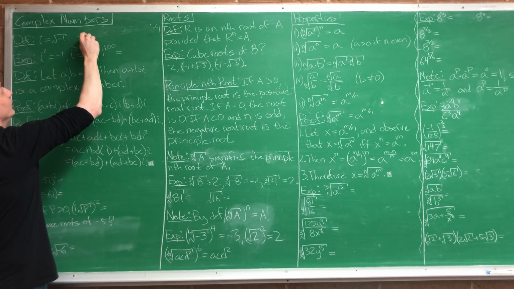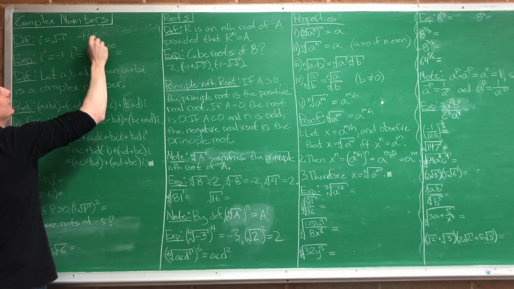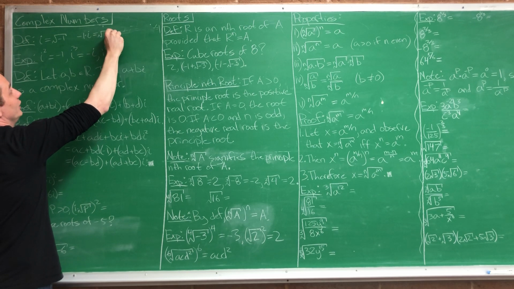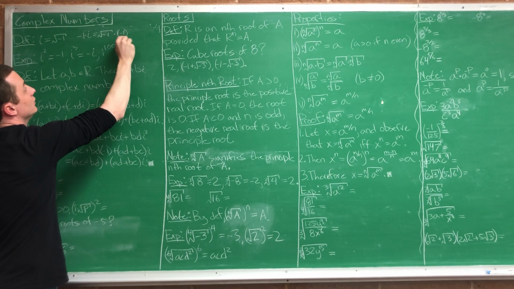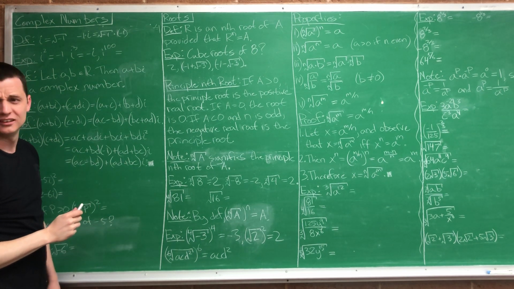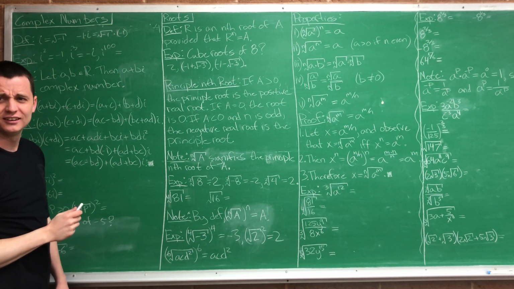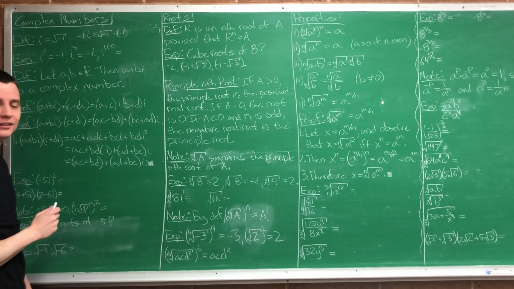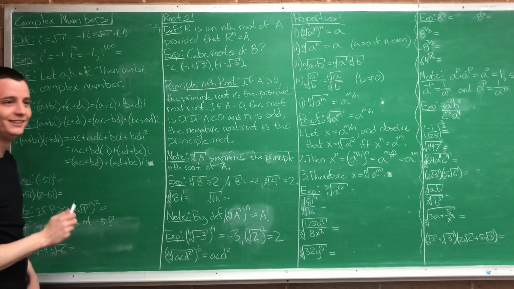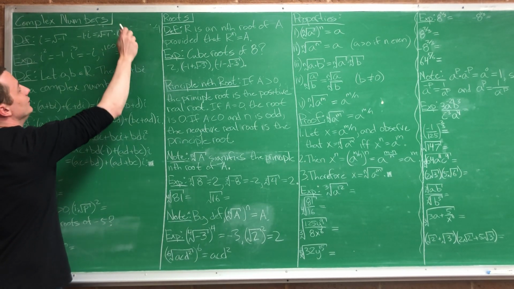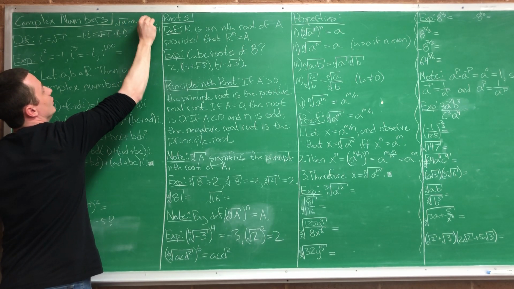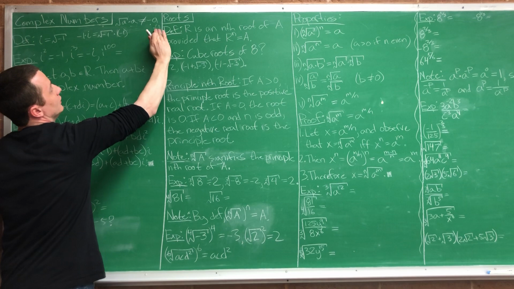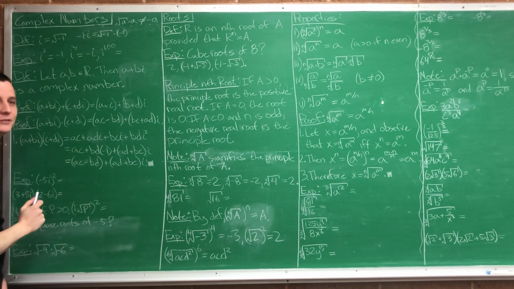So negative 1 times i is equal to the square root of negative 1 times negative 1, which is 1. How on earth are you doing that? Never mind, okay, keep going. Because the square root of a times a is not equal to negative a. Alright.